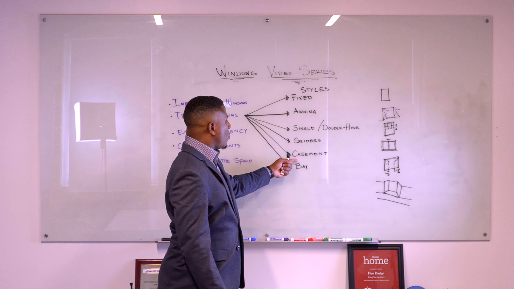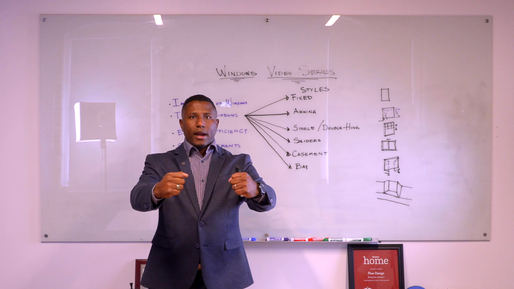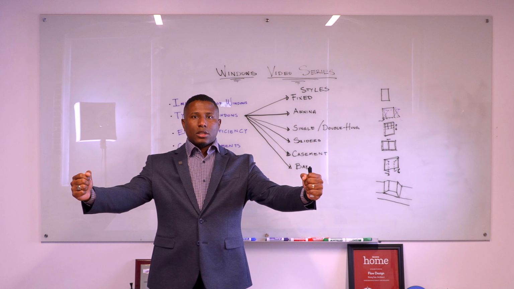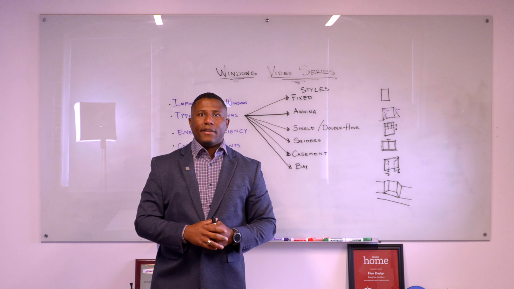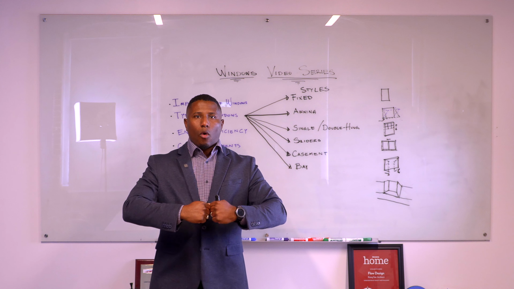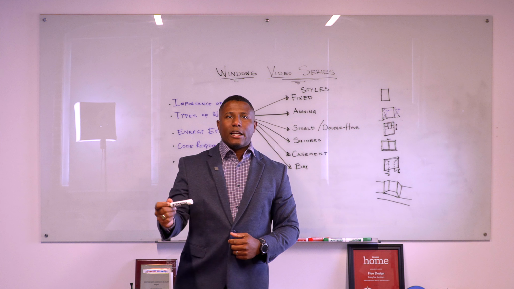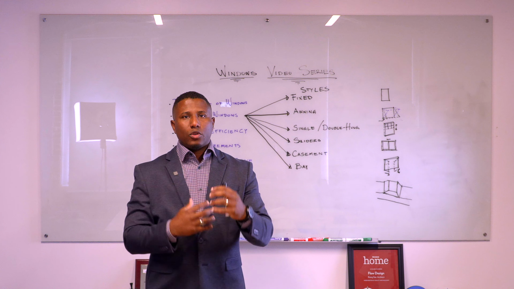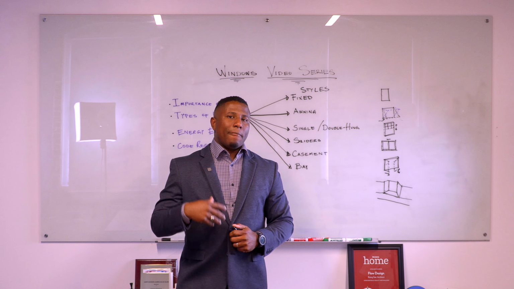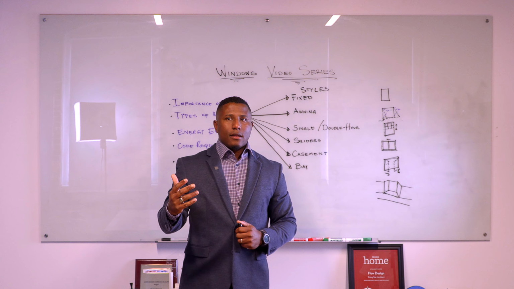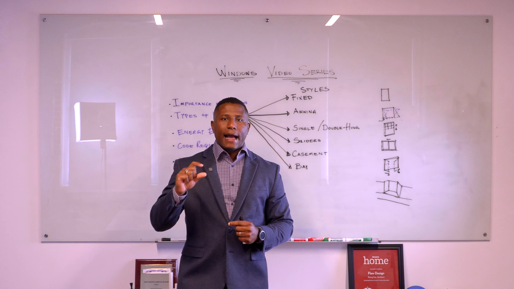One other type of window is a casement. A casement is a window that you can operate in both directions. Let's say in the living space, you can open that window all the way out. Those are good for connecting two spaces. And I would advise you to get familiar with how these windows operate and with the hardware.